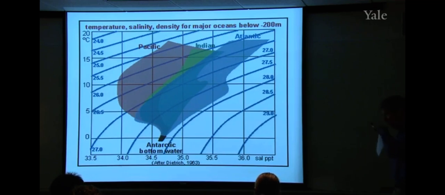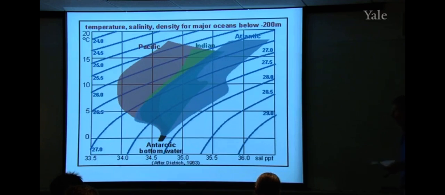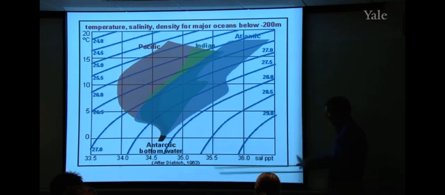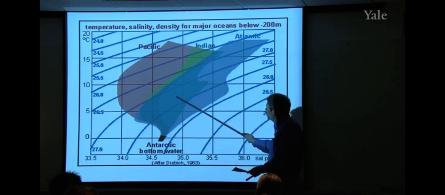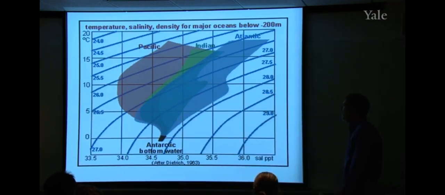It's a mass of water that's produced near Antarctica, flows northward along the bottom of the ocean, and we find it in both the Atlantic and the Pacific. So there's a common element. But other than that, there is a general systematic difference between the Pacific and the Atlantic Ocean. And that, of course, has to do with atmospheric controls, which I'm just about to get to.